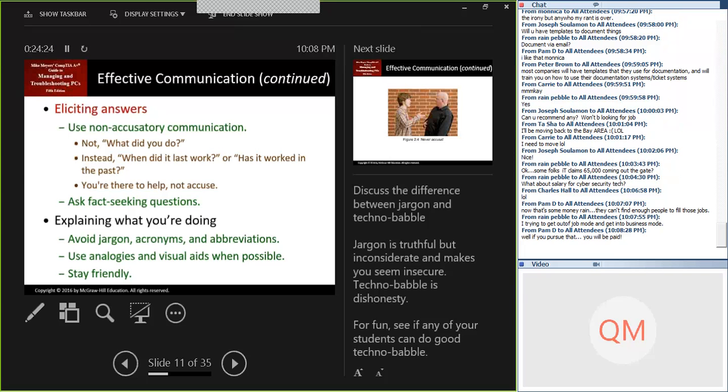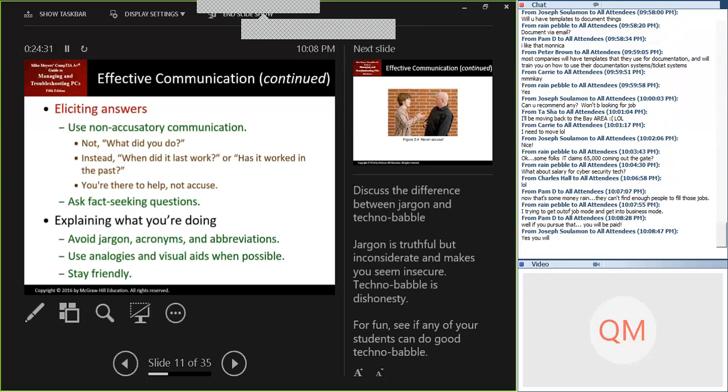Because if it's not turning on, then that's one issue. If it turns on but it doesn't go past POST, that's another issue. If it goes past POST but it doesn't boot into the OS, that's a totally different issue. So that's why it's about understanding what questions to ask so that you can get the information that you need.